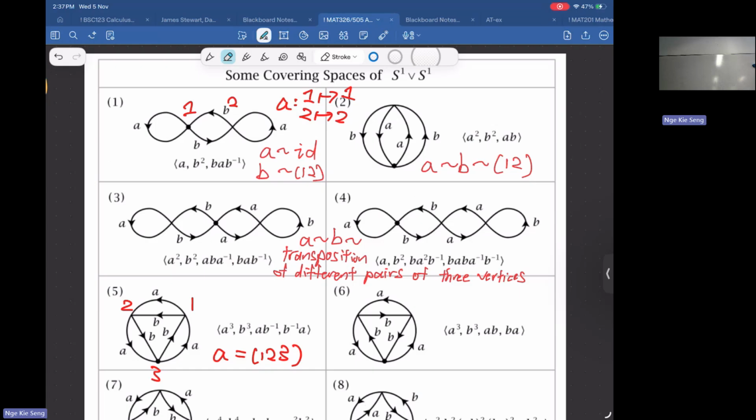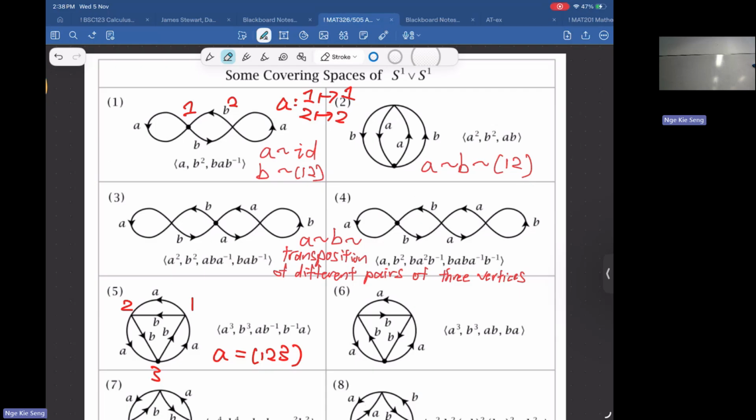It looks like two. Yeah, three-sheeted. What do you mean 2, 3? No, it's just 3, because B has to have 3 preimages also, A has to have 3 preimages, and the base point has 3 preimages.